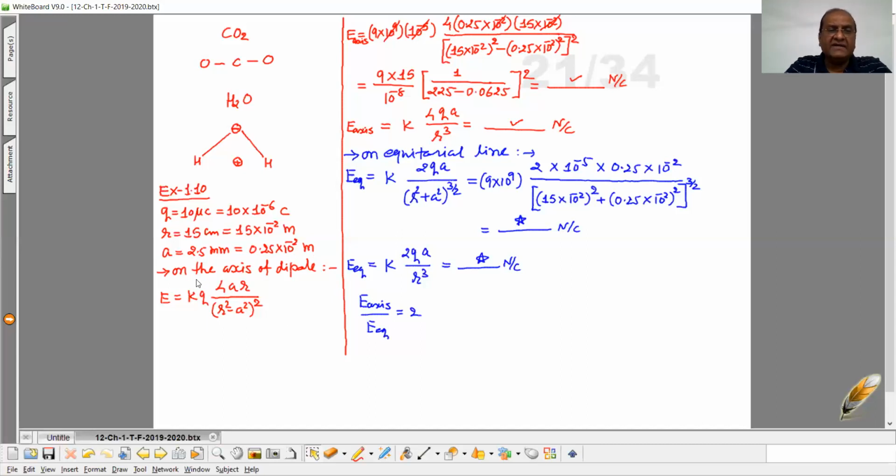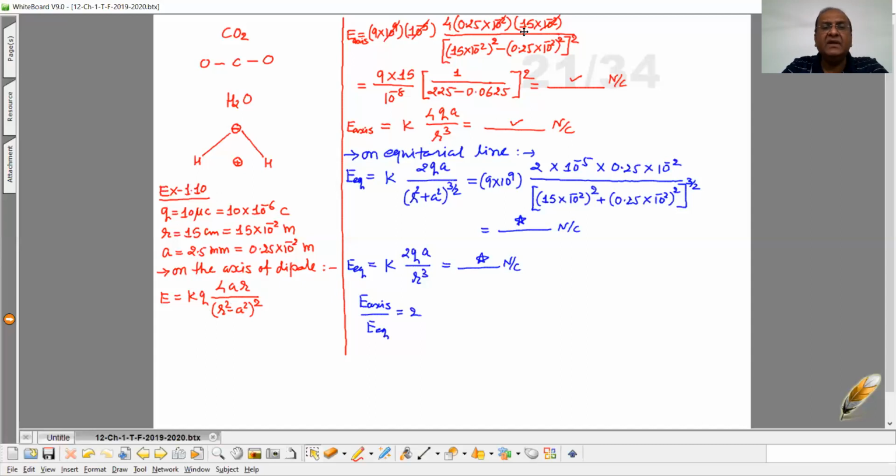Now on the axis of the dipole, we can write the equation of electric field: K Q 4A R upon (R square minus A square) whole square. This we already discussed in the previous theory. So now directly substitute the values. K is 9 into 10 raised to 9. Q is 10 raised to minus 5.